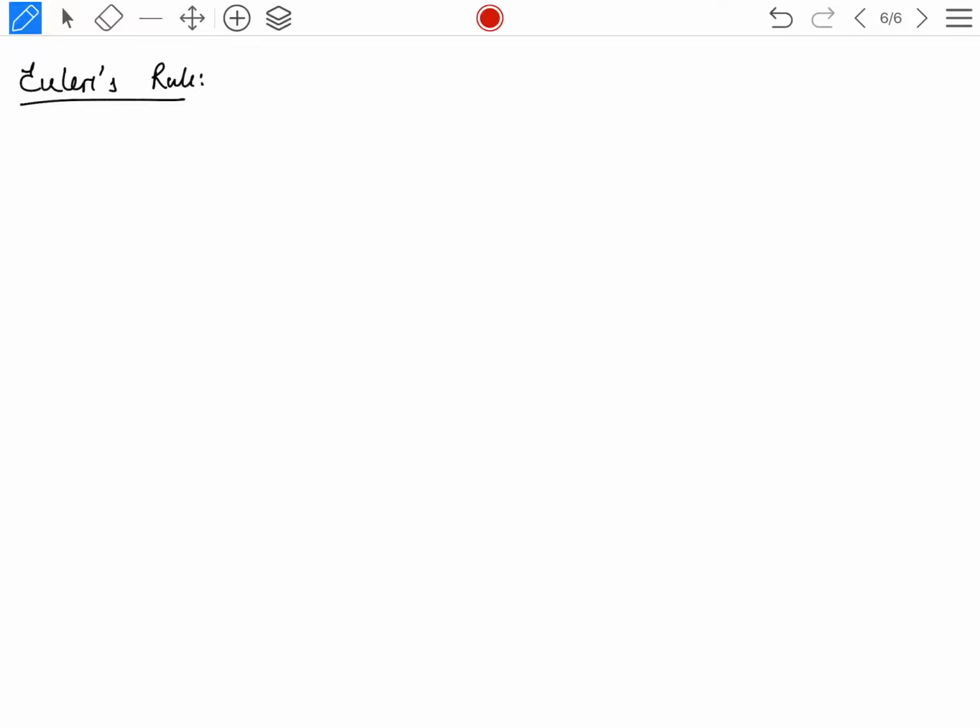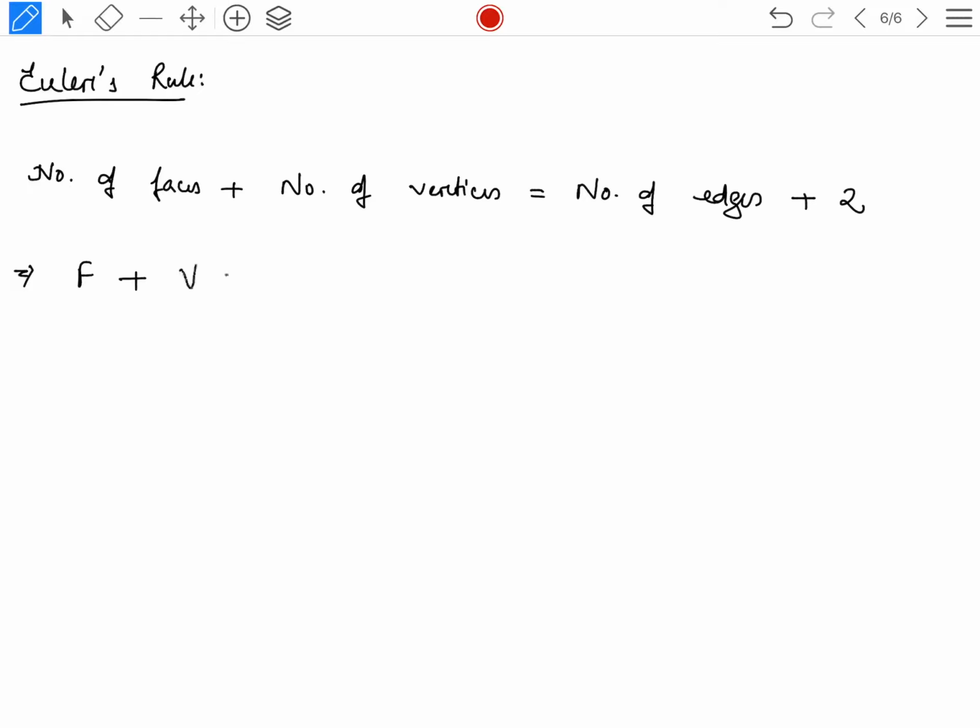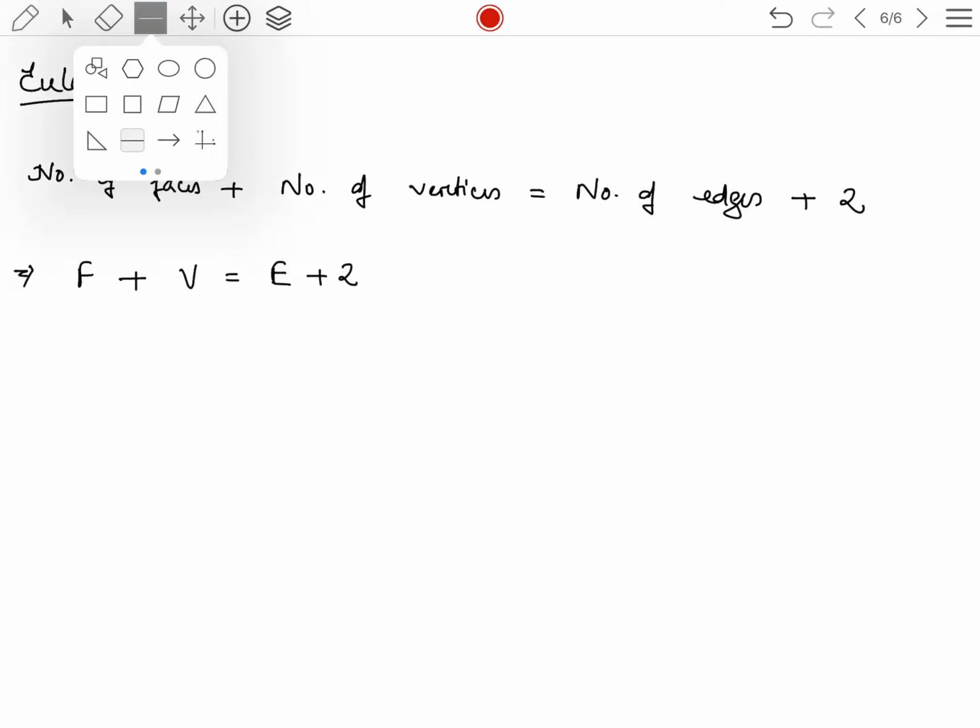Okay, his formula is number of faces plus number of vertices is equal to number of edges plus 2. So this one is written as number of faces is represented by F plus number of vertices is represented by V, equals number of edges E plus 2. So this formula you have to keep in mind.